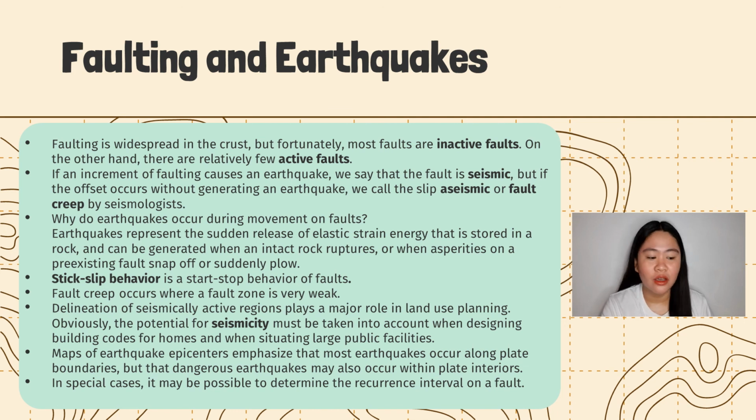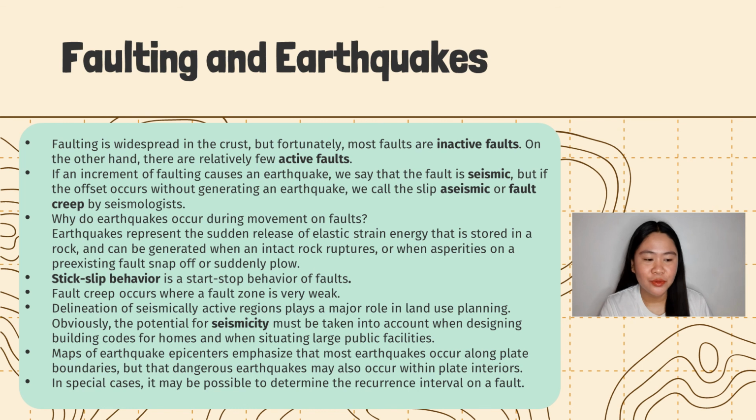When an earthquake occurs on one of these faults, the rock on one side of the fault slips with respect to the other. Even when slip occurs, not all movement on active faults results in seismicity. If an increment of faulting causes an earthquake, we say that the fault is seismic. But if the offset occurs without generating an earthquake, we call the slip aseismic. Aseismic faulting is also called fault creep by seismologists.